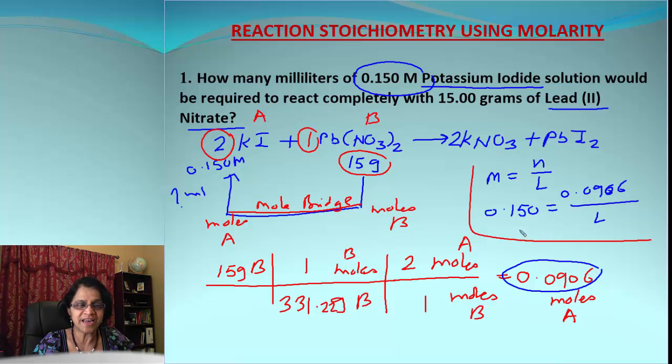The volume which we get, if we calculate that, is 0.604, and our answer needs to be in milliliters.